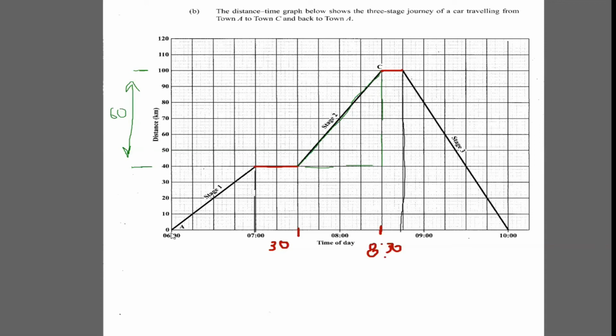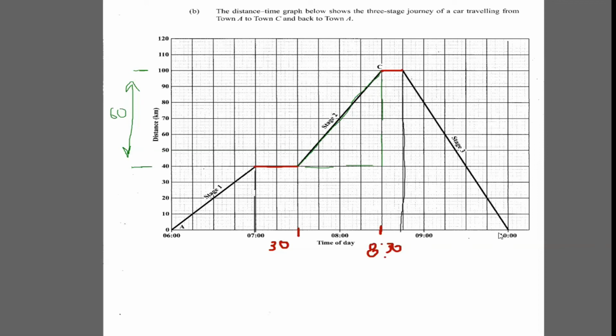The total time was from here to here, you drive for 1 hour. From here to here, you drive for another hour. Let me see, 7:30 to 8:30. So that's 2 hours that they were driving for. And then from here to here, 8:45 to 10 is 1 hour and 15 minutes.